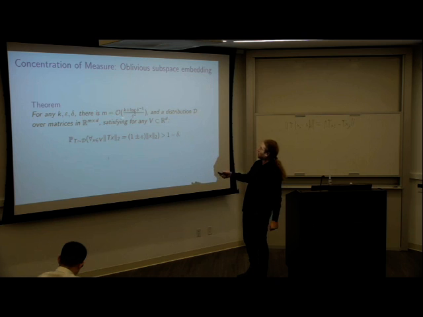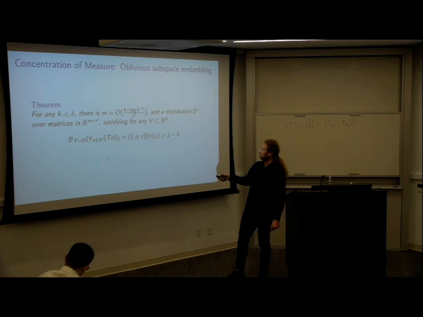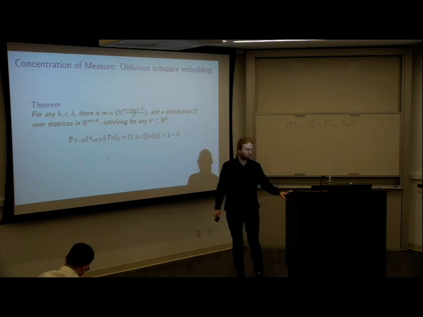I'm going to say that a dimensionality reduction matrix from dimension d to m is a subspace embedding for the space V if it preserves all the norms of vectors in this subspace.